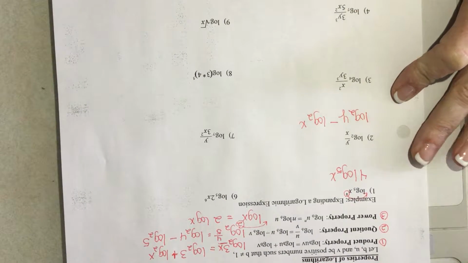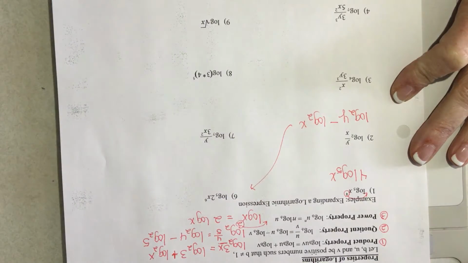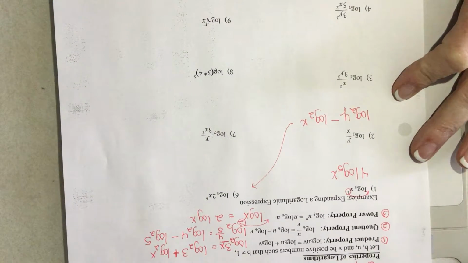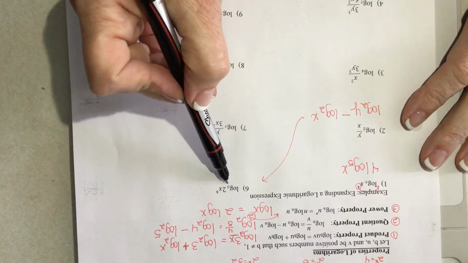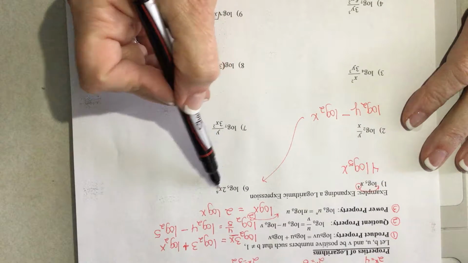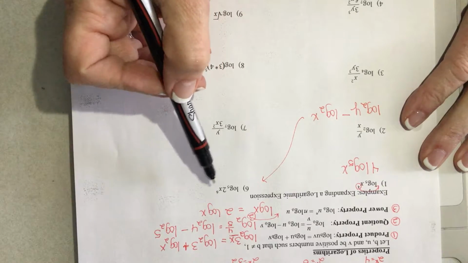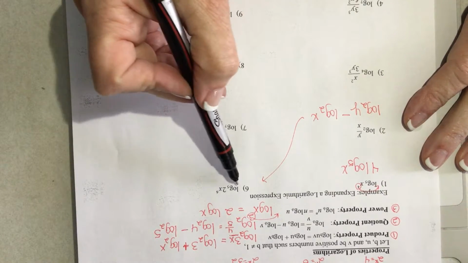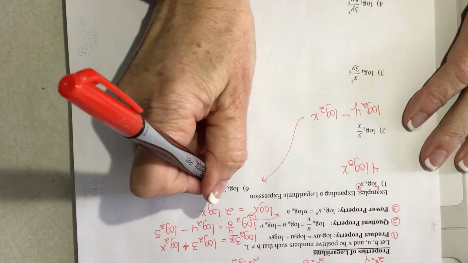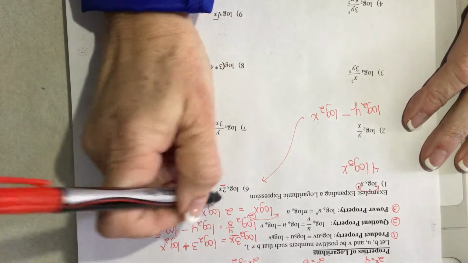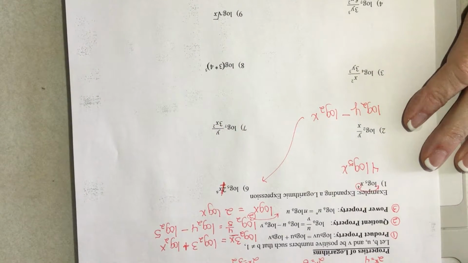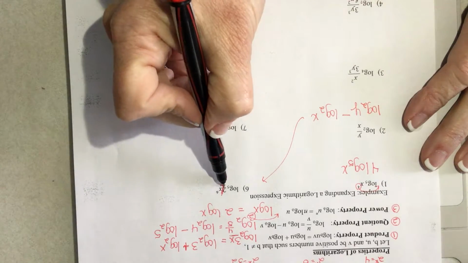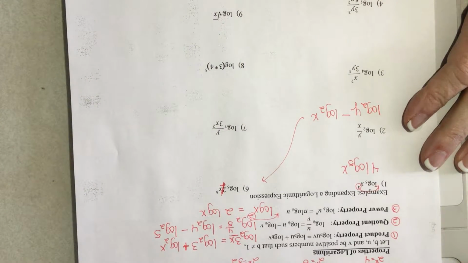Now, I'm going to go over to number 6. On number 6, I have log base 5 of 2x to the 6th power. How many factors do I have on number 6? 2 factors. I have a 2, and then I have x to the 6th power. How many logs am I going to have written? 2. 1 for the 2 and 1 for the x.